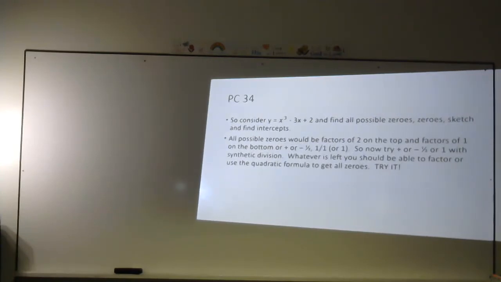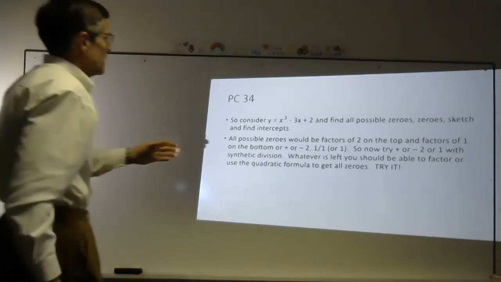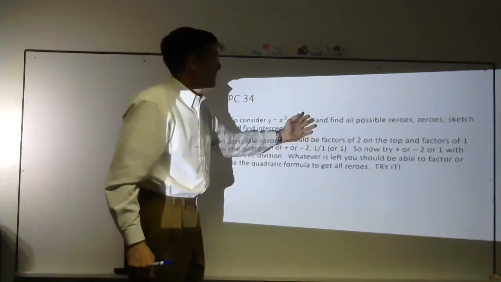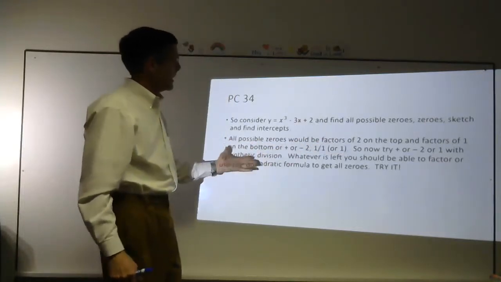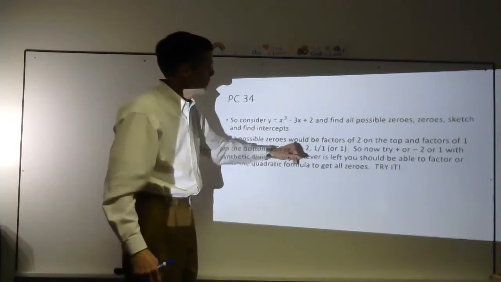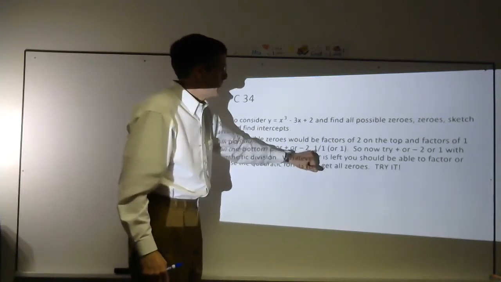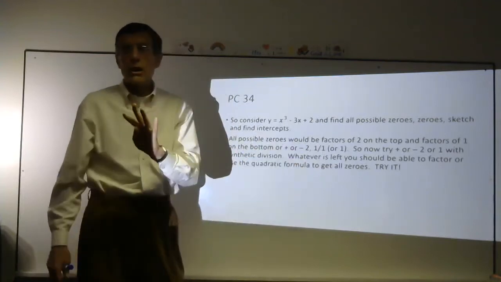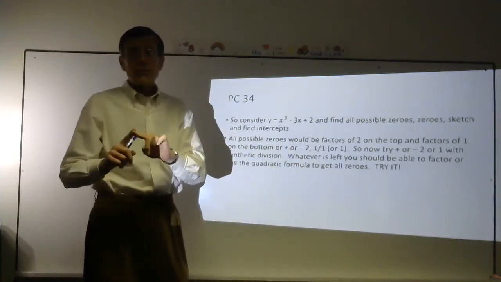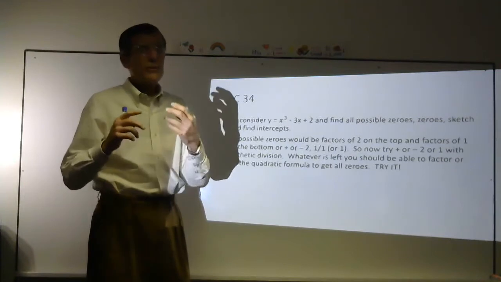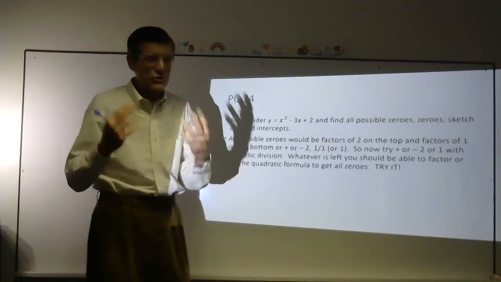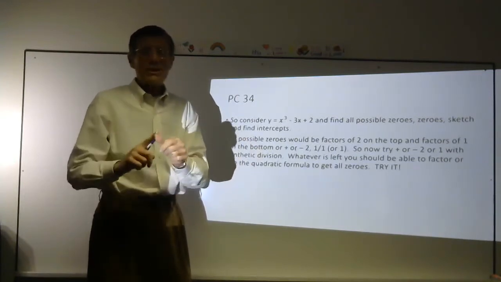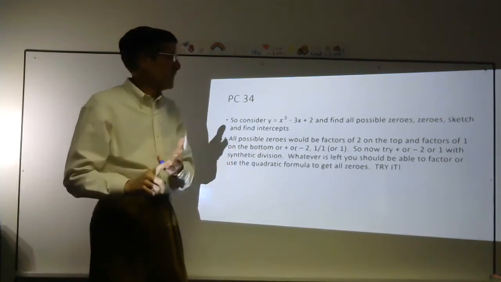I've got a typo there. Okay, sorry about that. Had a typo on the PowerPoint. The factors of 2 would be on the top. The factors of 1 would be on the bottom. So you're going to get plus or minus 2, or 1/1, which is another factor of 2, plus or minus 1. So essentially, there are 4 possible zeros, plus or minus 2 and plus or minus 1.